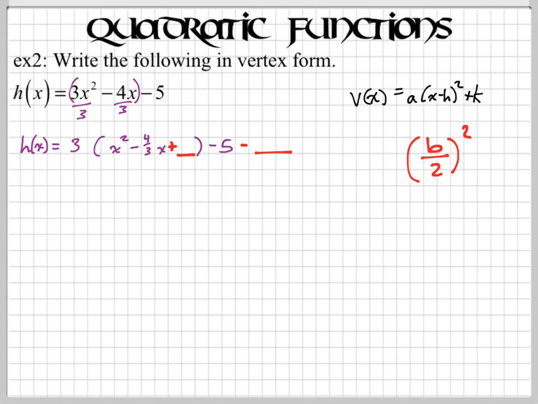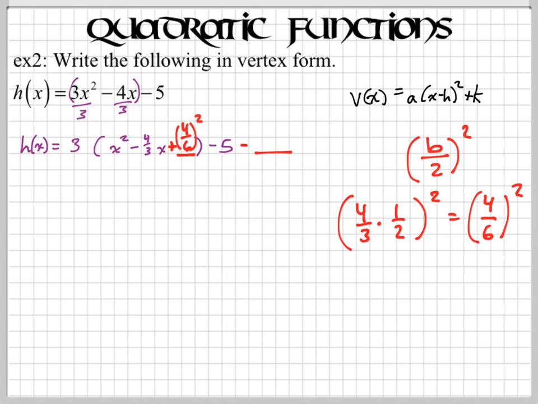So we're going to go 4 over 3 times 1/2, and we're going to take that and square it. So this is 4 over 6 squared. Now I'm not going to square that for this one right here because that's unnecessary. Let's just leave it like that. But I'm going to have to square it for this one. Okay, now what is this one?